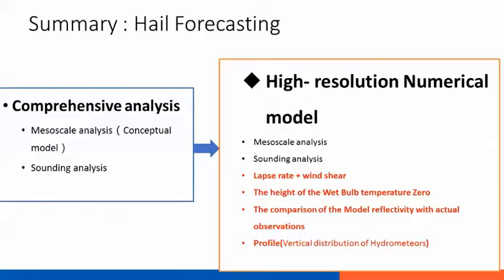After mesoscale and sounding analysis of model forecast, we can also check high lapse rate and vertical wind shear, adequate height of wet bulb temperature zero, hypothesize the organization of thunderstorm, make the comparison of the model reflectivity with actual observations in nearby time, and check the profile of hydrometeors, especially graupel.